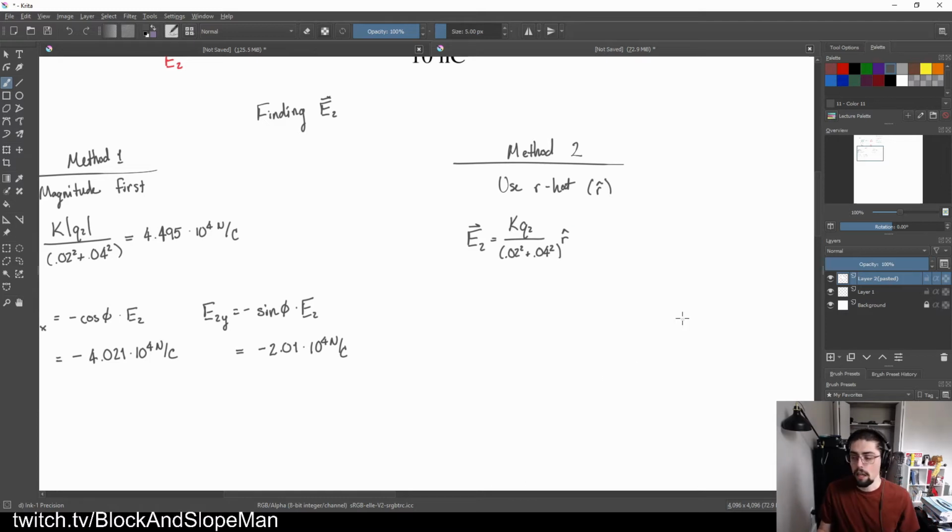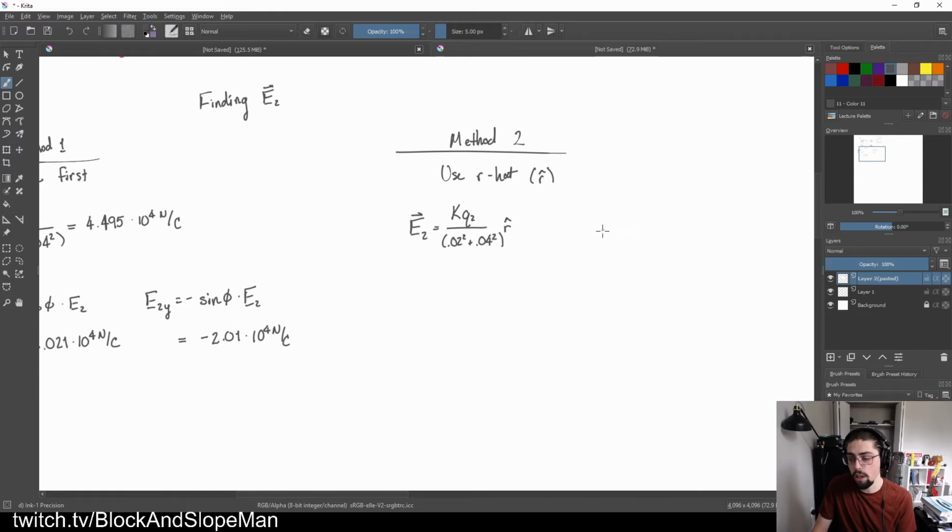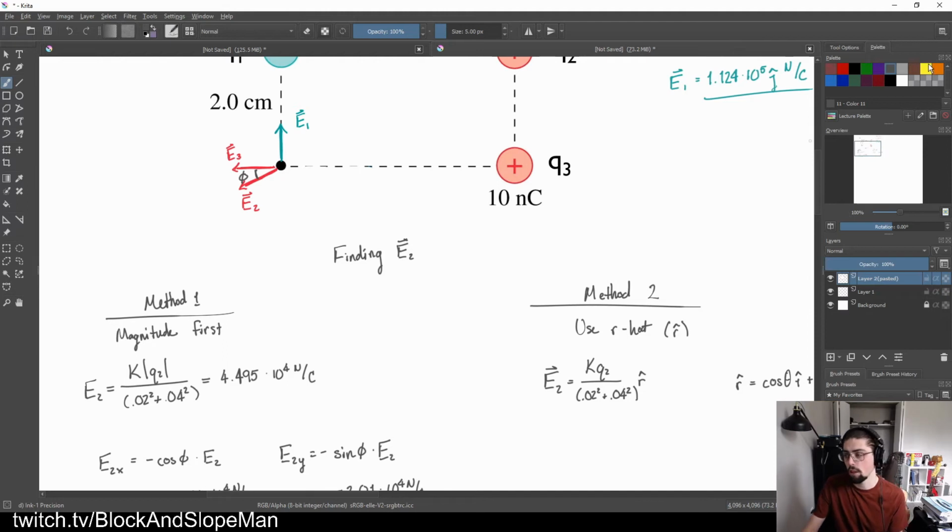Okay? And we know r hat from before. We talked about r hat as being cosine of theta times i hat plus sine of theta times j hat, where theta is always, always, always taken from the positive x-axis. So the closest way to get there from the positive x-axis is going to be this angle right here. That's theta, right?